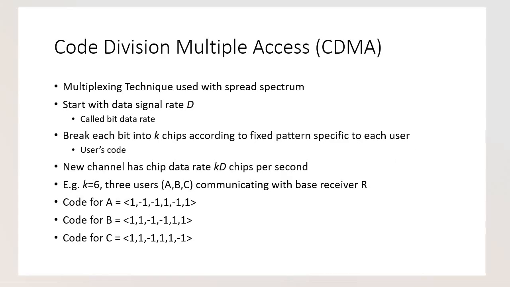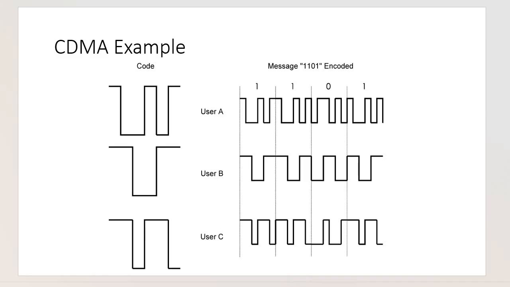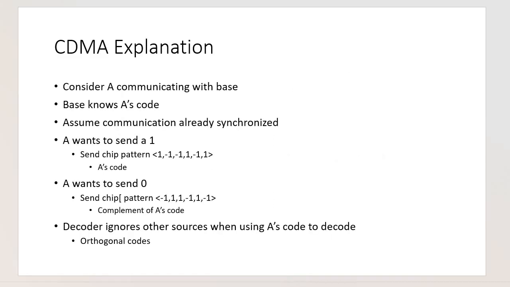And this is CDMA, code division multiple access, which allows multiple users to share the same bandwidth using unique orthogonal spreading codes. Each user's signal can be despread at the receiver. This is the CDMA example with multiple users, showing how different spreading codes allow simultaneous communication without interference.